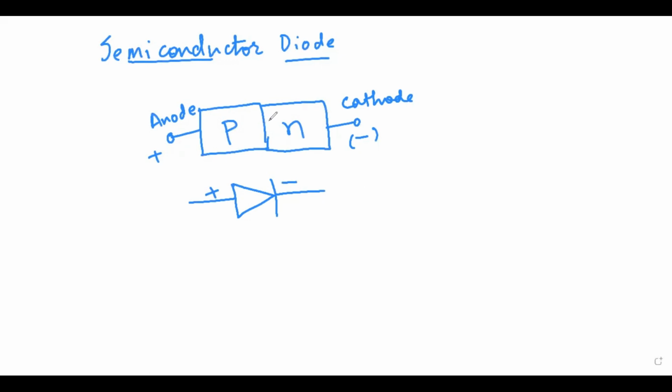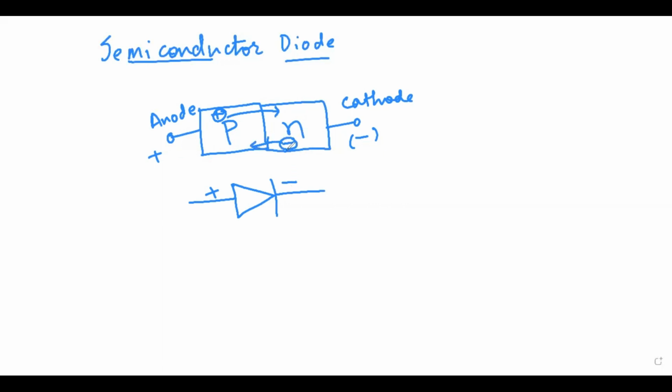Initially, when a diode is formed, it means when P and N type semiconductors are brought together and joined, then diffusion takes place. Diffusion means holes here in P type move towards N type, and electrons, which are the majority carriers in N type, move towards P type.